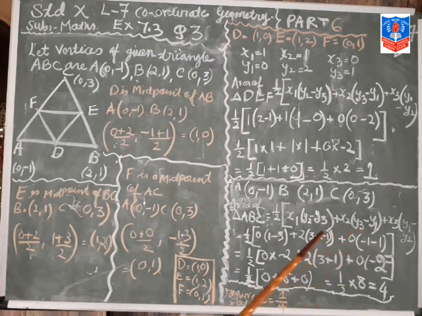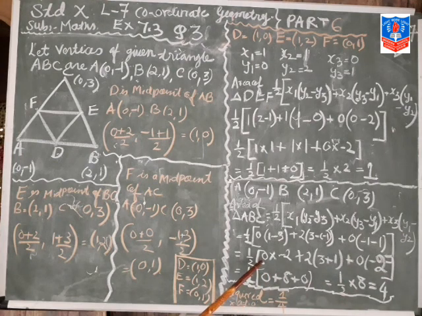Clear? So here directly you can find the x1 is 0, x2 that is given 2, x3 that is given 0. Here multiplication 1 minus 2, so minus 2 plus 2 here, 3 minus 1 here, 0 minus 2. Clear?